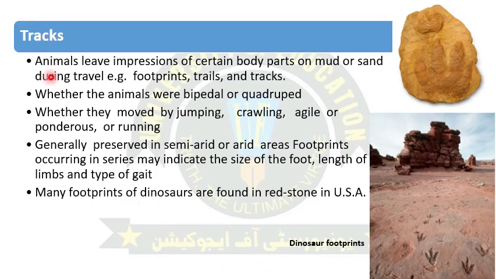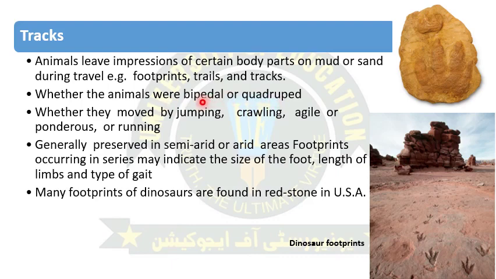Tracks. Animals leave impressions of certain body parts on mud or sand during travel, for example, footprints, trails, and tracks. Tracks indicate the mode of locomotion, whether the animal was bipedal or quadrupedal.